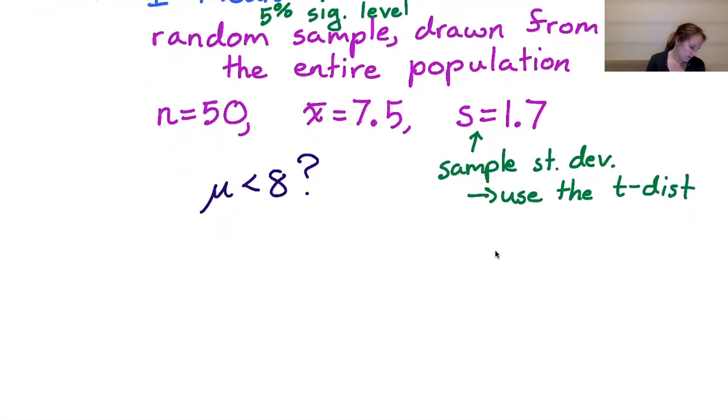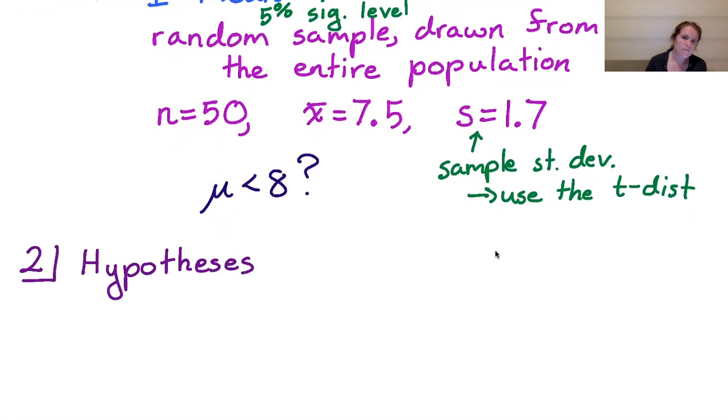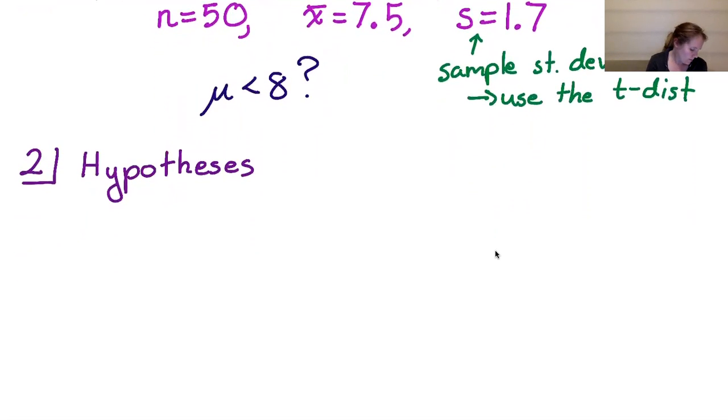From here, we want to write our hypotheses. So we have a null hypothesis and an alternative hypothesis.